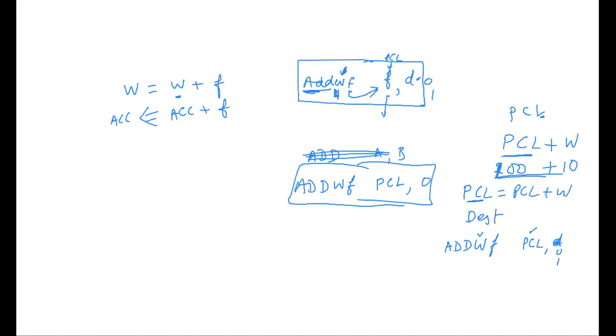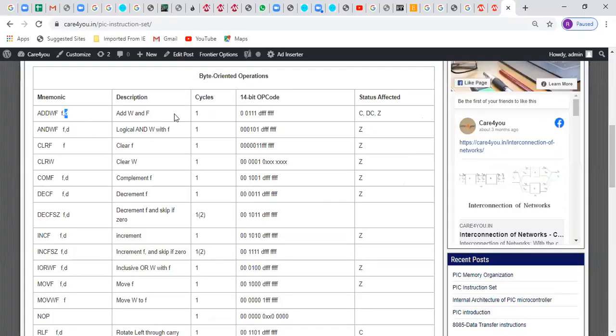So coming back, I was here. So likewise, you can have a look here. The next instruction is add accumulator with the register file. So all the byte oriented instructions will involve a register.